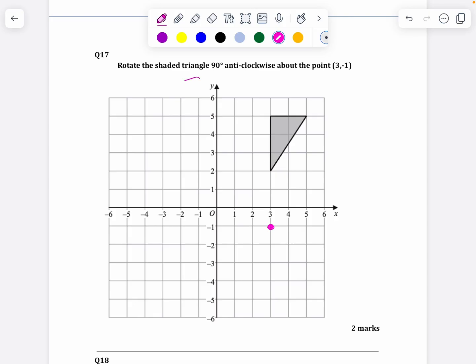So we're going this way now, and it's a quarter turn. So we do a quarter turn anti-clockwise, and your shape ends up being here. Like so.